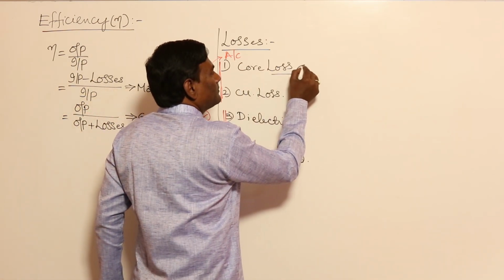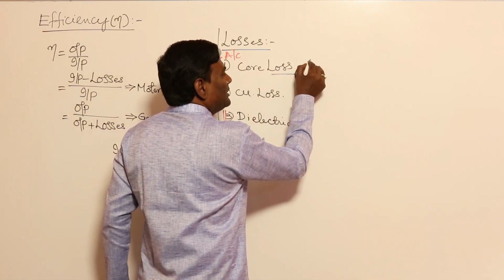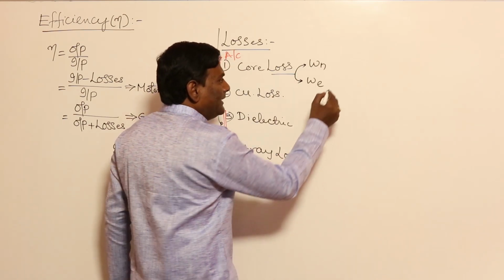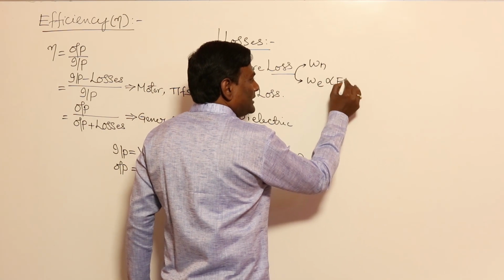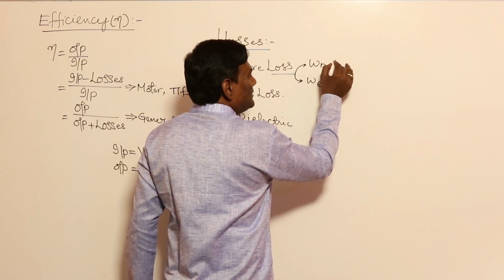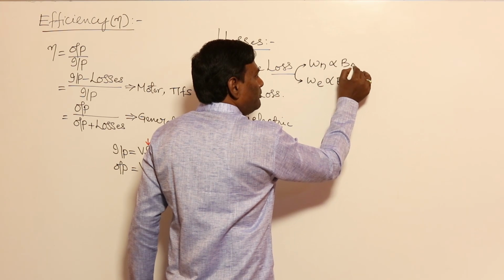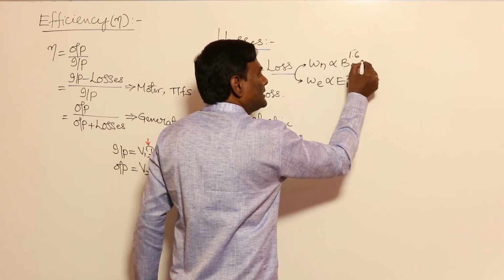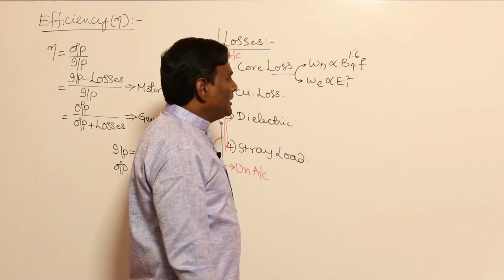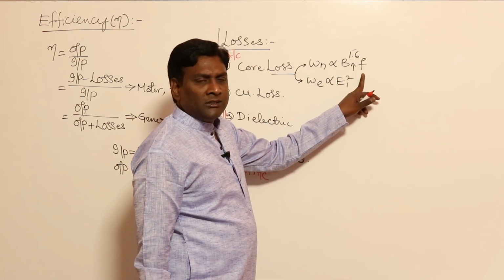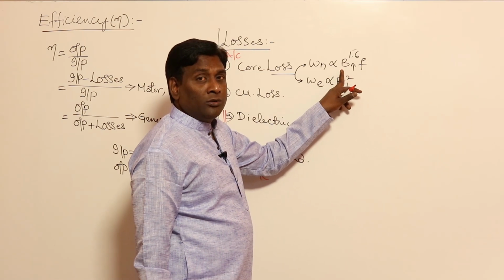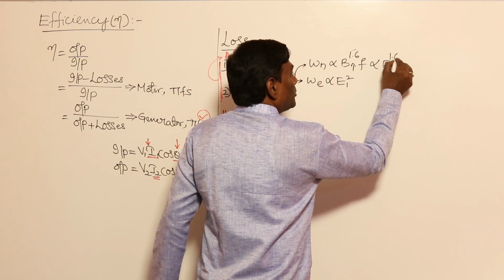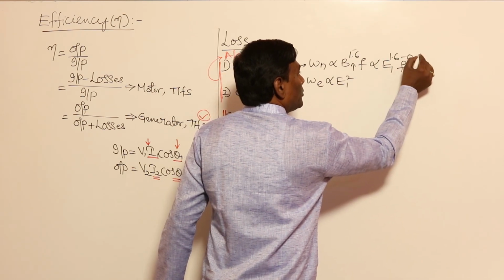And core loss, as we discussed previously, has hysteresis loss and eddy current loss. Eddy current loss is directly proportional to voltage square, and hysteresis loss is directly proportional to Bmax to the power of x, or let me take 1.6, into f. Now in practice frequency is going to be constant, and Bmax is directly proportional to E1 by F. So it is directly proportional to E1 to the power of 1.6 and F to the power of minus 0.6.